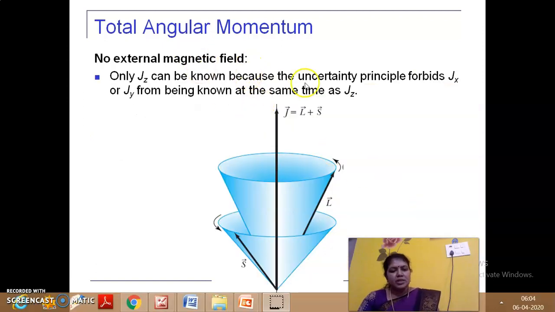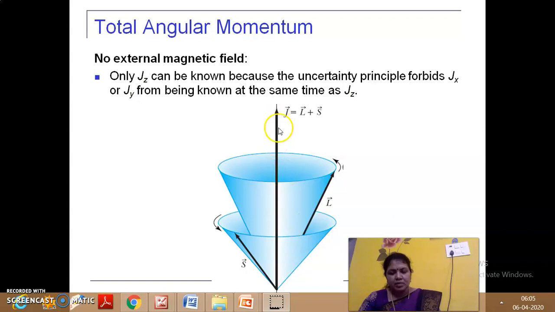So when there is no external magnetic field, the total angular momentum would be simply the combination of L plus S. The precession of the electron in the orbital angular momentum state as well as in the spin angular momentum state is seen from these figures.